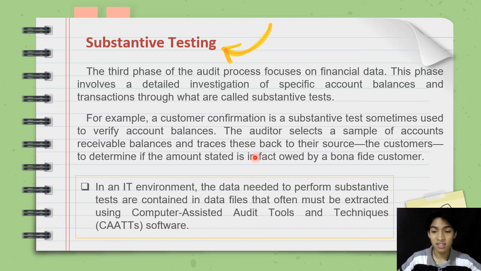Based on such sample findings, the auditor is able to draw conclusions about the fair value of the entire accounts receivable asset. Some substantive tests are physical, labor-intensive activities such as counting cash, counting inventories in the warehouse, and verifying the existence of stock certificates in a safe.